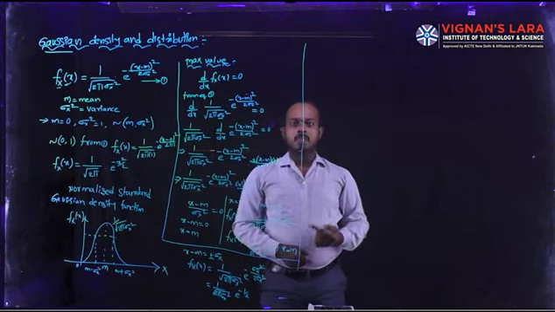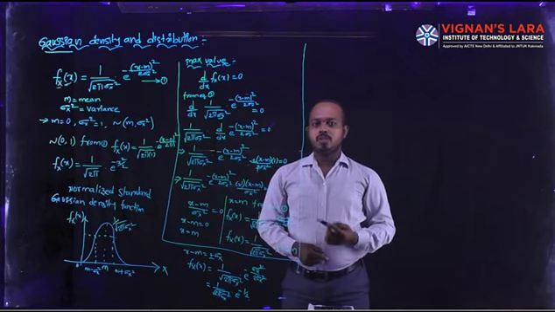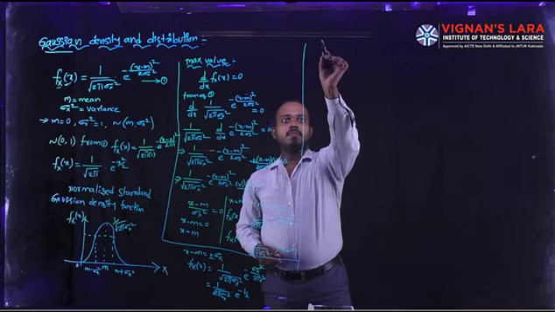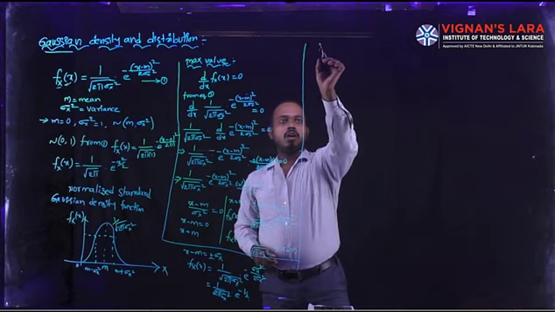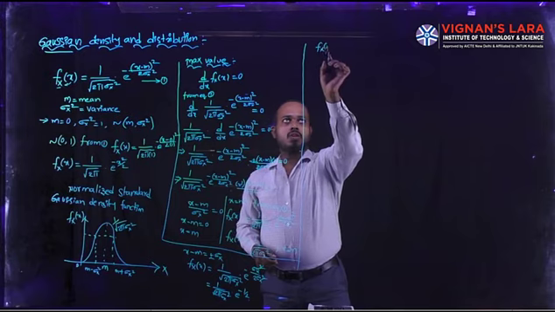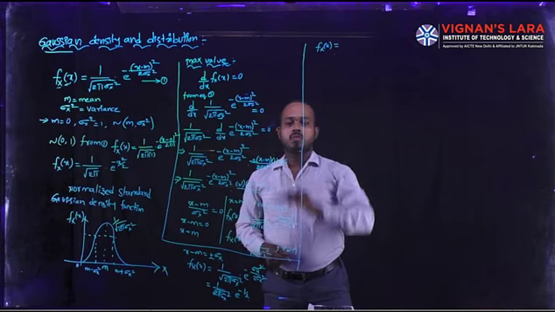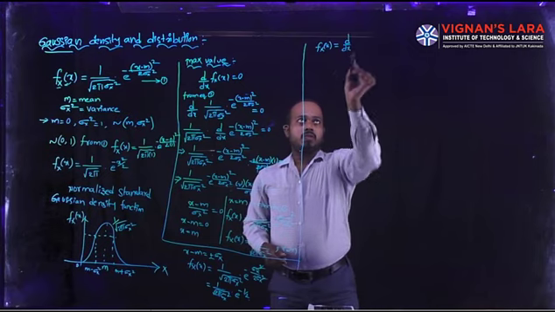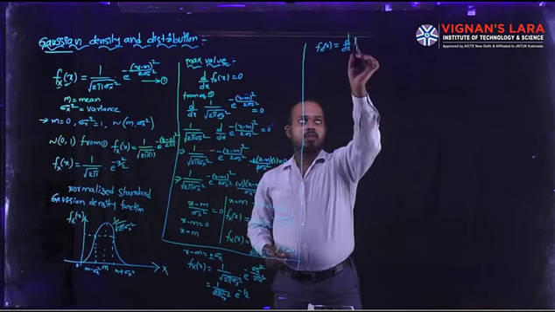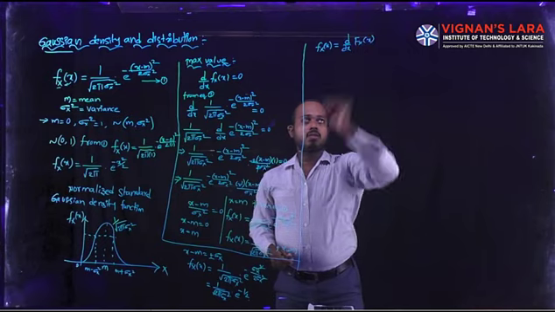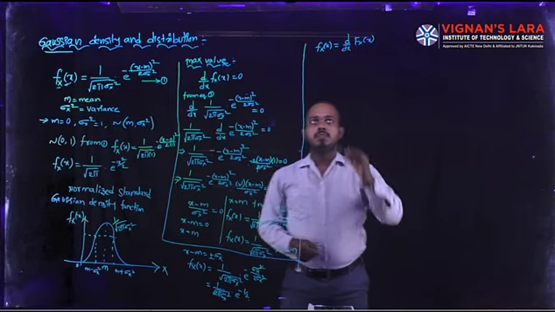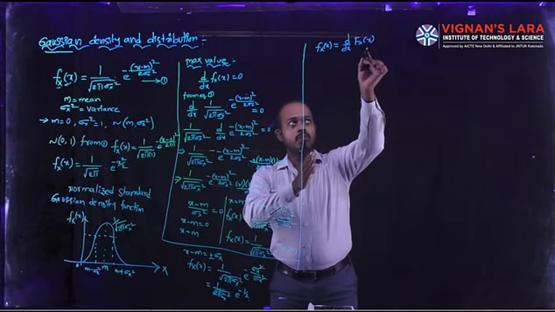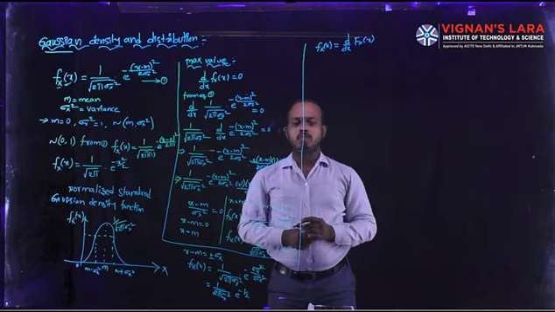We already know the fundamental relation between density and distribution function. The density function fx of x is equal to the differentiation of the distribution, d by dx of Fx of x. You can find the distribution function from its density by integration.